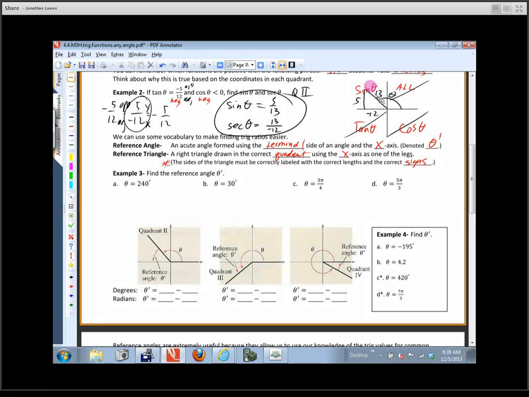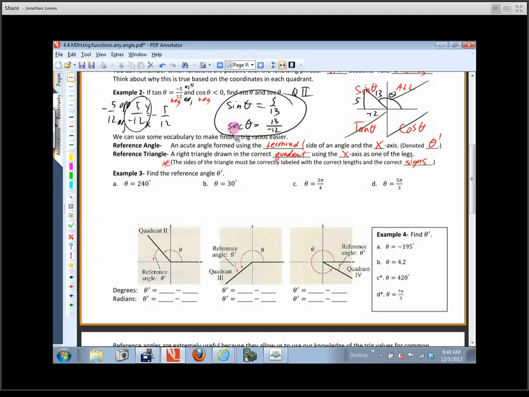The radius is always positive, but depending on whether we went right or left, the x-coordinate could be positive or negative, and depending on whether we go up or down, the y-coordinate could be positive or negative. Any questions about that? I'll show you more about reference angle and reference triangle in just a second.